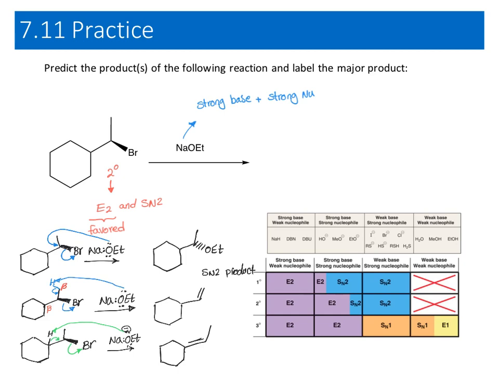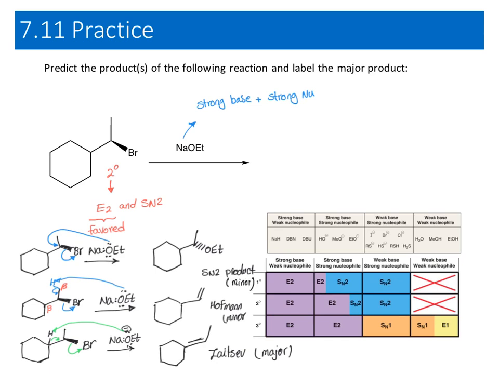The top one is the less substituted alkene, so it's a Hoffman product, and the bottom one is the Zaitsev product. So Zaitsev product is the major product. Hoffman is minor, and in this table, we also know that SN2 product is also minor.